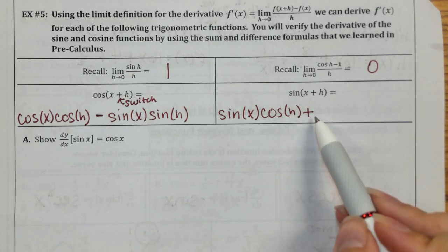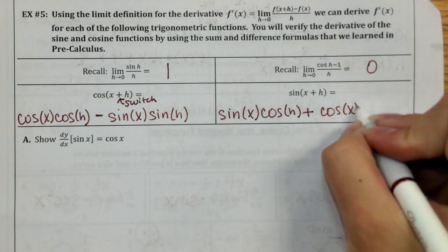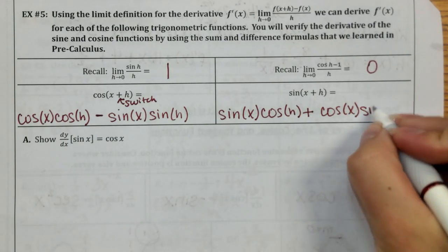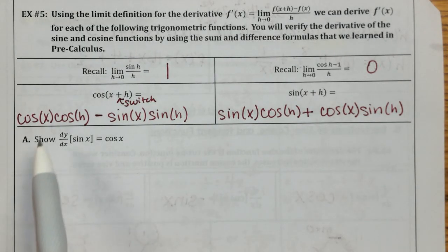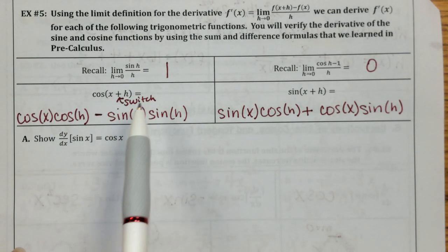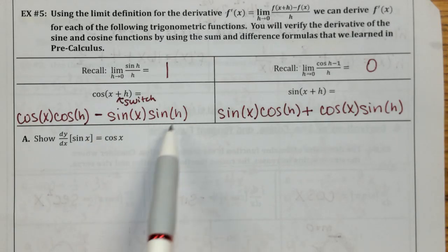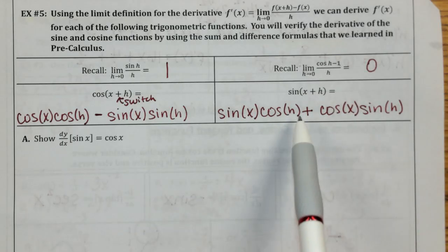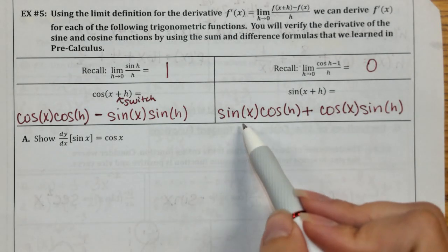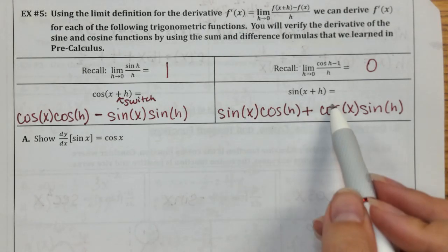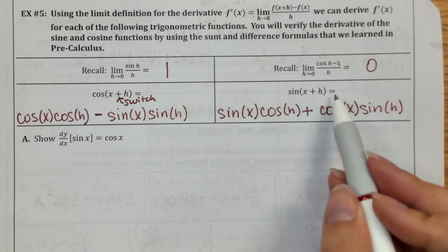Plus, we're doing cosine of x, sine of h. So on this one, you're keeping the cosines together and you're taking your two variables x and h, and then you're keeping the sines together and your variables x and h. On this one, you're almost like switching them, right? So you have sine for x, cosine for h, and then over here you're going to switch them and you're taking the cosine of x and the sine of h.